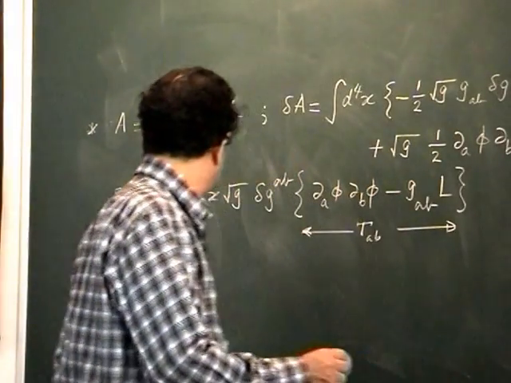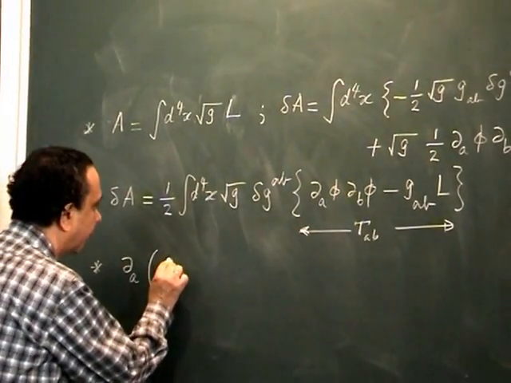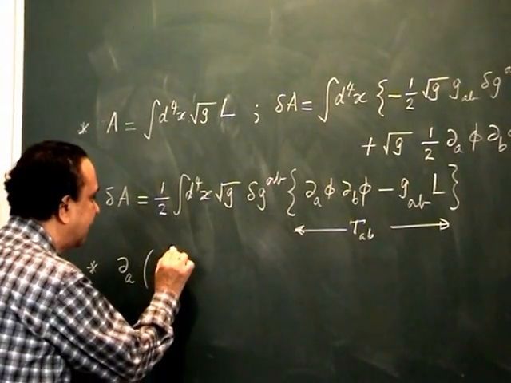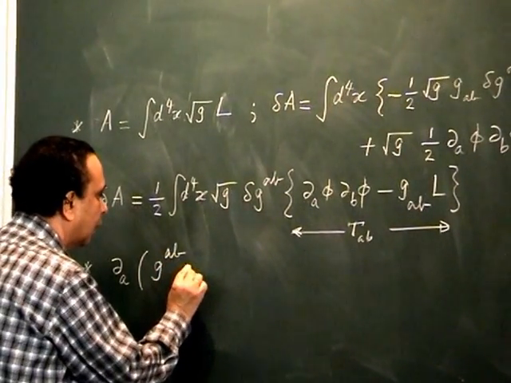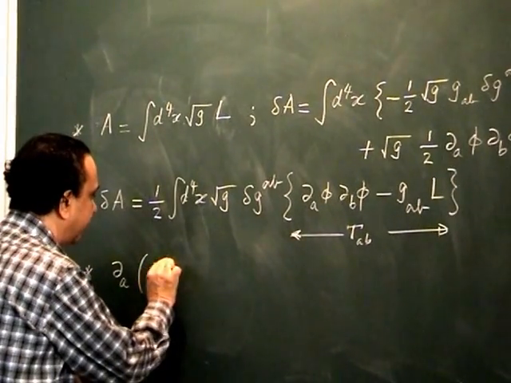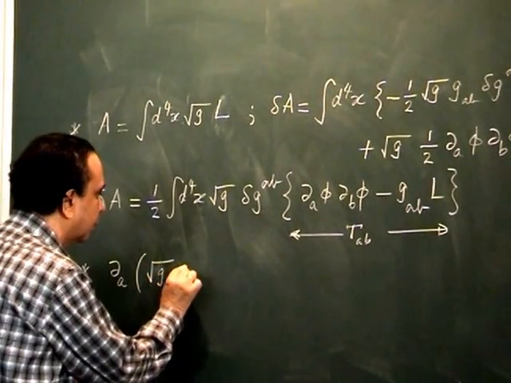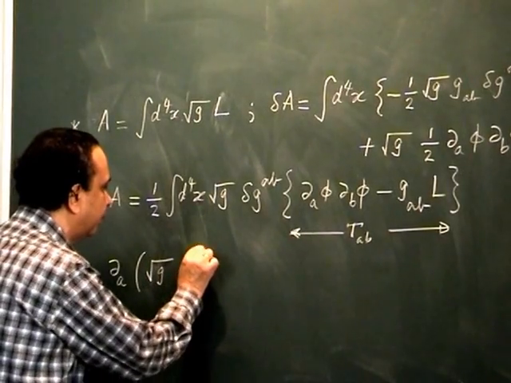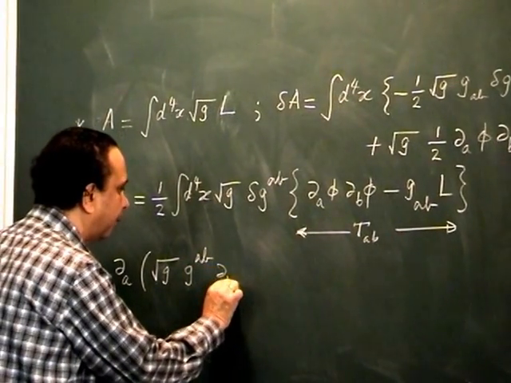So you will get ∂_A of, let me write it in the conventional way, root g g^AB ∂_B phi.